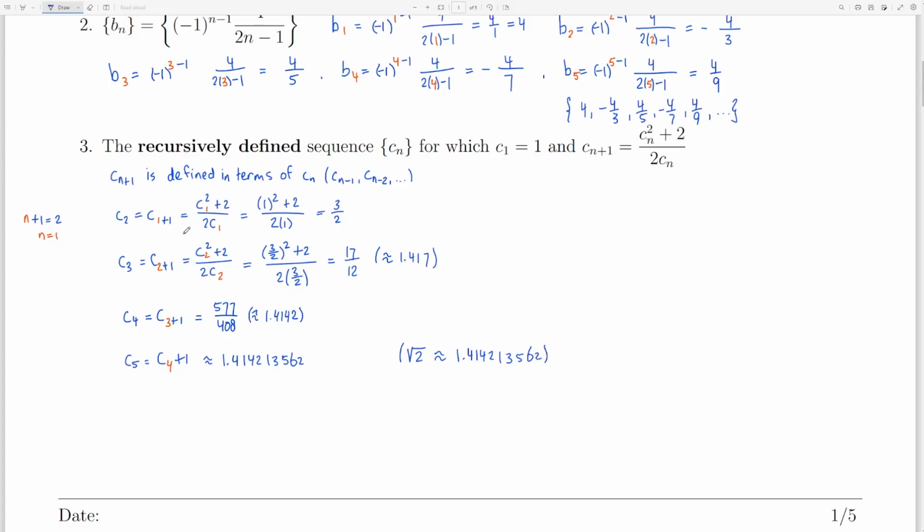So after 4 steps, or looking for the 5th element of this sequence, it already has square root of 2 approximated to 9 correct digits. Now, it's not exactly equal to square root of 2, but if you keep repeating this process, you get infinitely close to square root of 2.